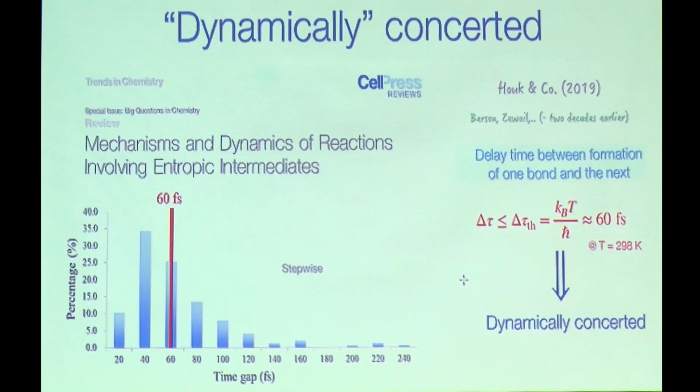They made a hypothesis: if you think about the bonds being formed, multiple bonds being broken and formed, you look at the delay time between the formation of the bonds and compute these delay time distributions, which is shown here. Then you put a threshold on this delay time, which comes from Eyring's theory, which is, by the way, a typo, it should be the inverse of this.